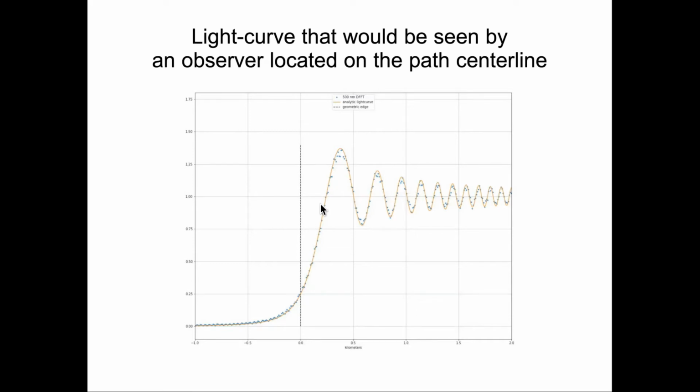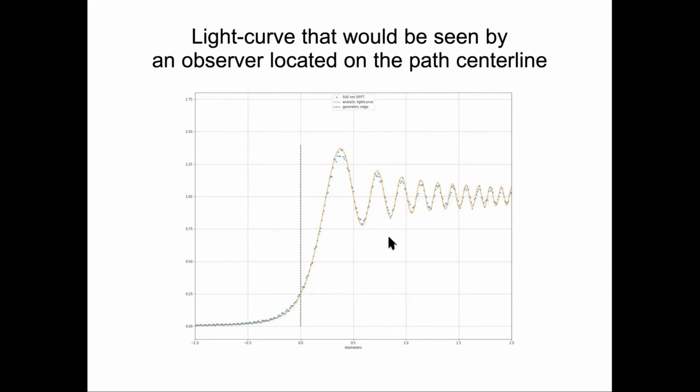Again, the blue dots are discrete, again, because the calculation is a discrete calculation. And I am showing in this orange curve the analytic light curve from Raymond-Dusser. And again, we see that there is good agreement between those calculations.